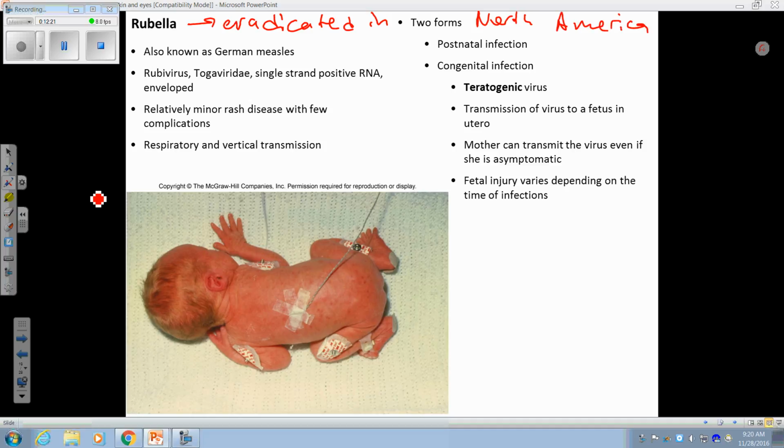Okay. It's also called the German measles. It belongs to the Togaviridae, the same group of viruses to which Western and Eastern equine encephalitis, pretty severe diseases, belong. It's a positive RNA virus, single-strand positive, okay, but still an RNA virus.